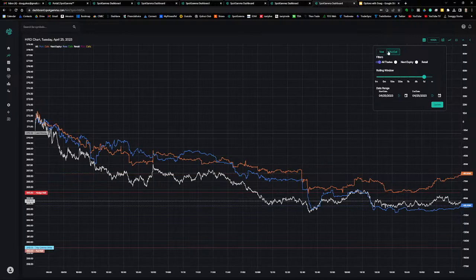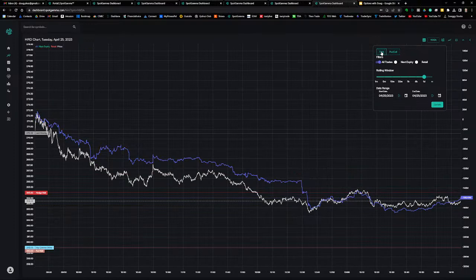It looks like now that activity has leveled off somewhat. And note the key gamma strikes in play. Here's the hedge wall at 265, and then the key gamma strike and the put wall at 260.